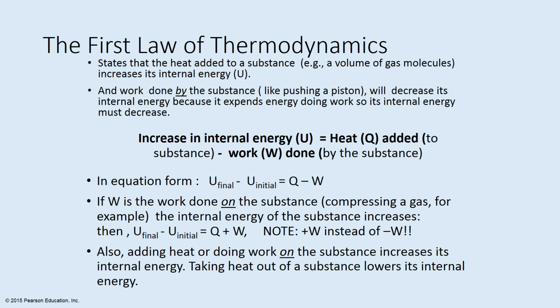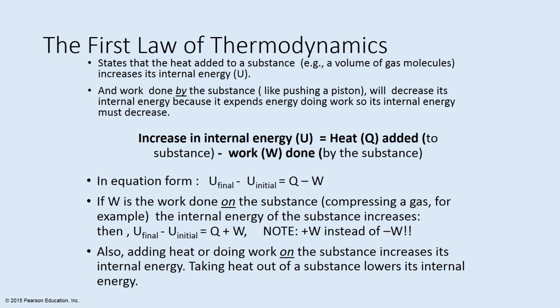So there's two ways in which we affect the internal energy with external things done to it. One is by adding heat, which will increase the internal energy. But if we instead do work on it, such as compressing a gas, that will also increase its internal energy.